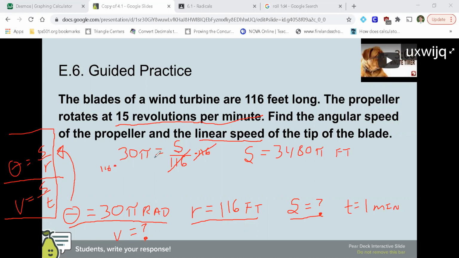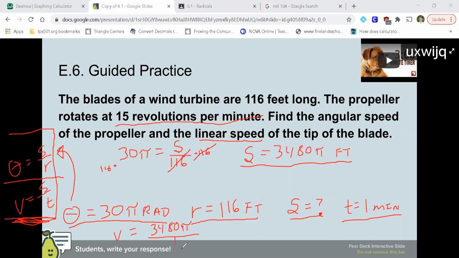Okay, now that we have S and we have T, we can find V. Let's plug these in. So V would be S over T, which, the nice thing about picking 1 minute here, is that it's just done.